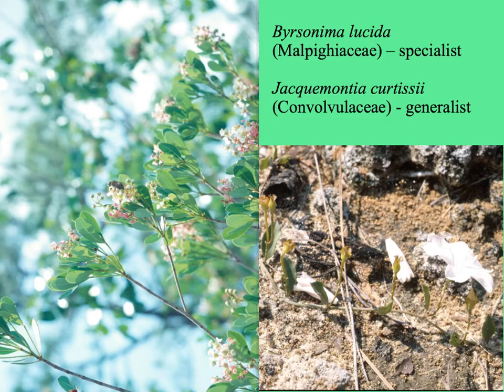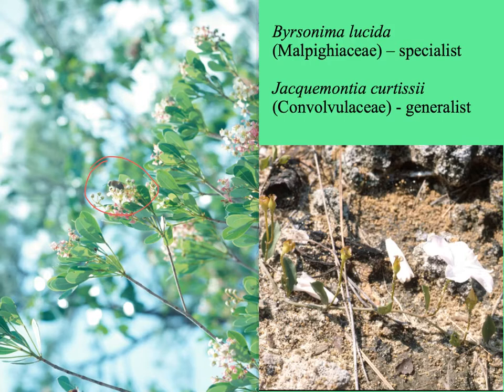Here are two flowering plants from our native flora. To the left is Byrsonima lucida in the Malpighiaceae, the locust berry, this is called. And it's an unusual plant from tropical origins that has oil as a flower reward. And that oil is collected only by certain types of bees, like this little bee here in the genus Centris.